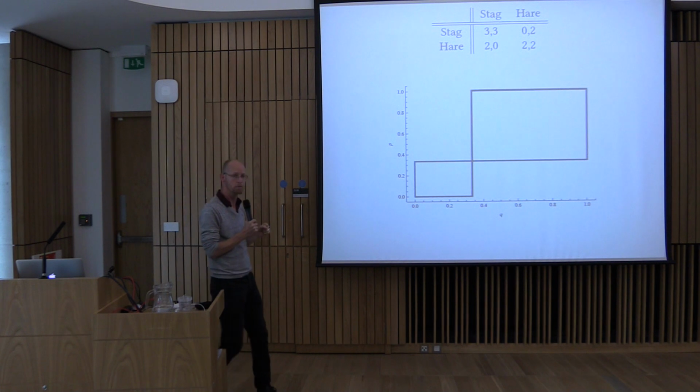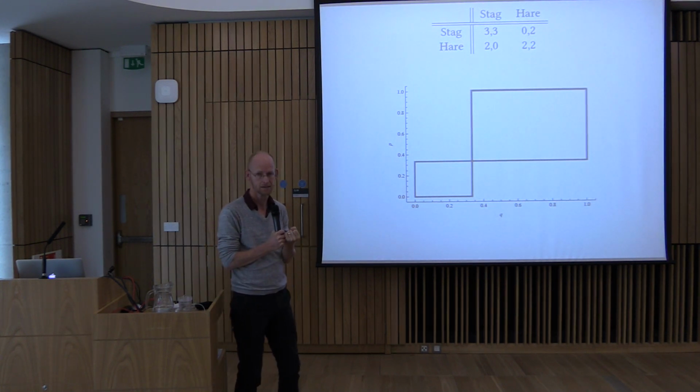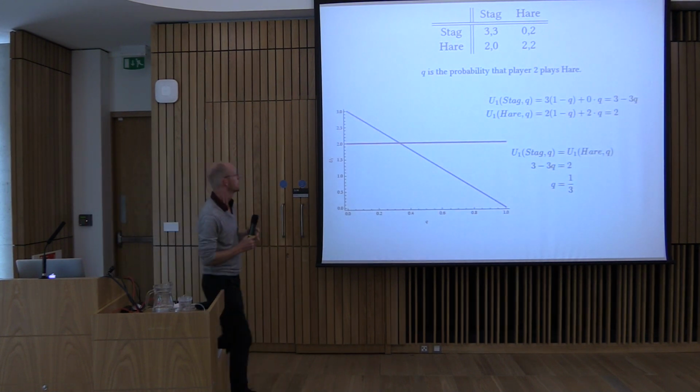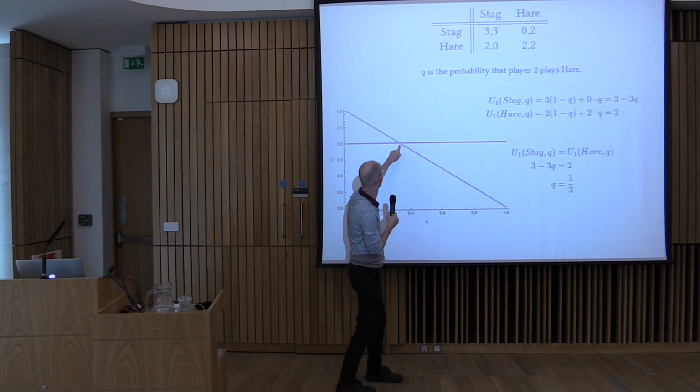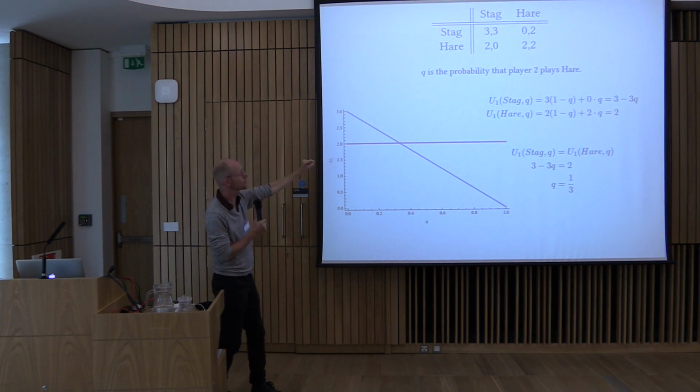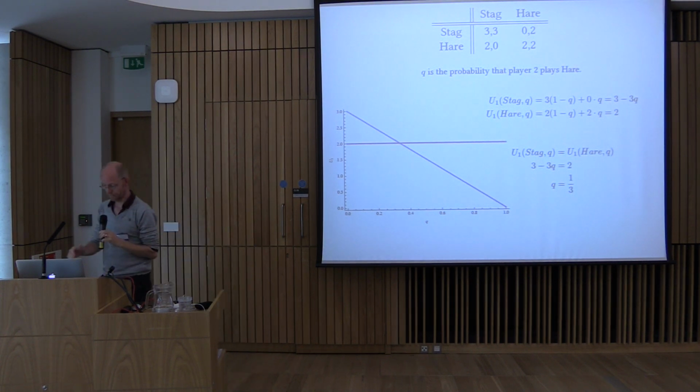That is when both players don't care. So you also have a mixed equilibrium here, where 1/3 of the times you play stag and 2/3 of the times you play hare. Yeah, that's yet another equilibrium of this game. So this game has 3 equilibria.